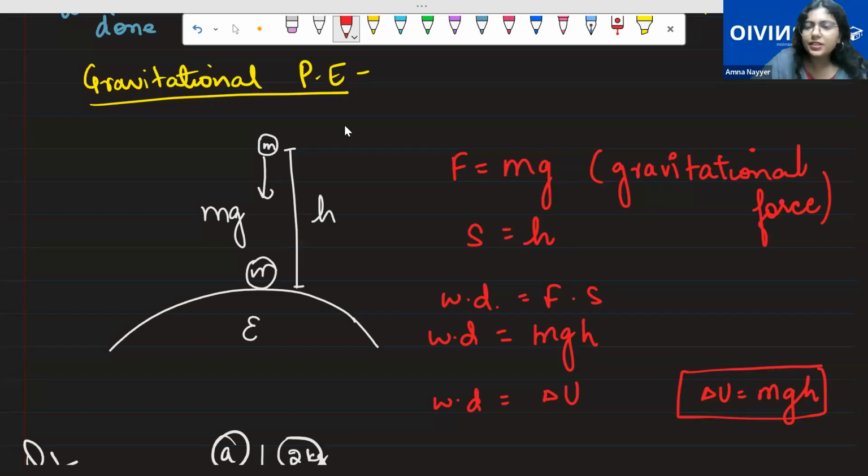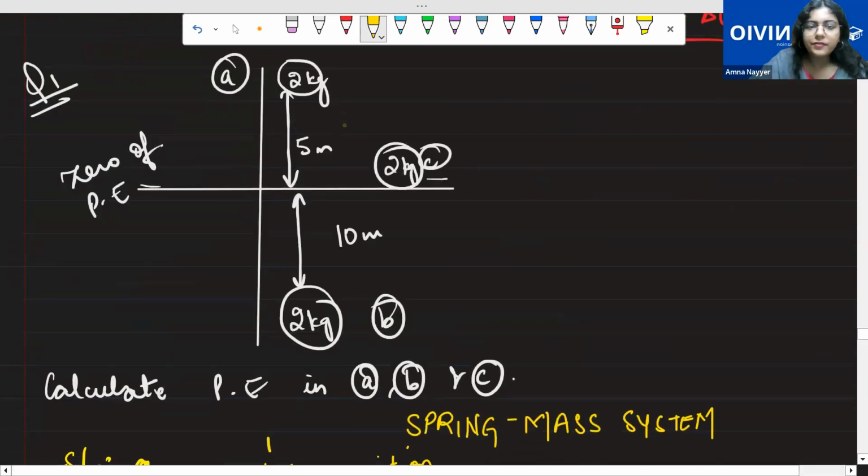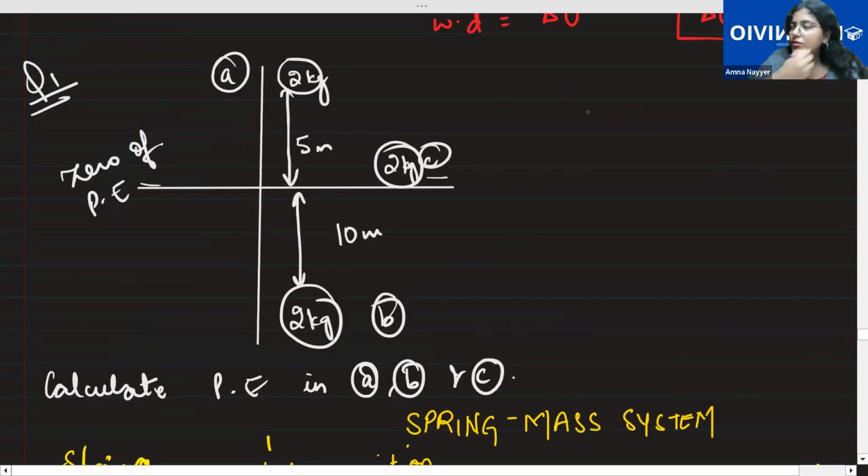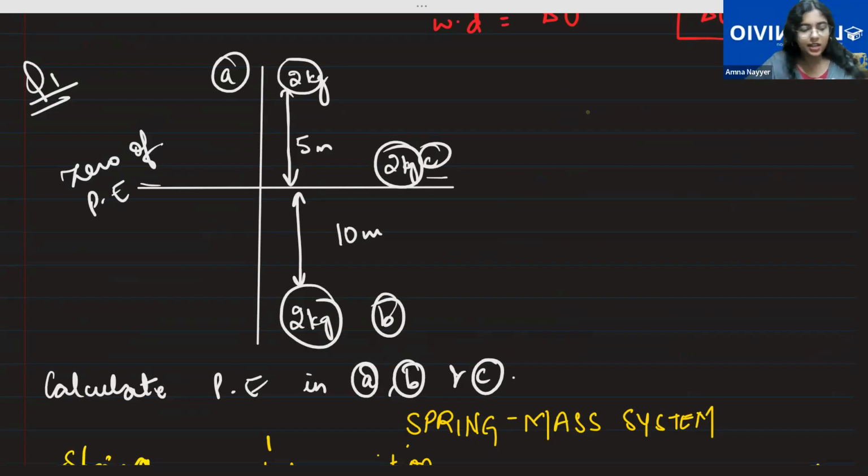Okay, let's see an easy question based on this. There is always a reference zero of potential energy chosen. A reference line is chosen, which is the zero of the potential energy. Now, 3 points are there: A, B, and C. These are three separate questions.